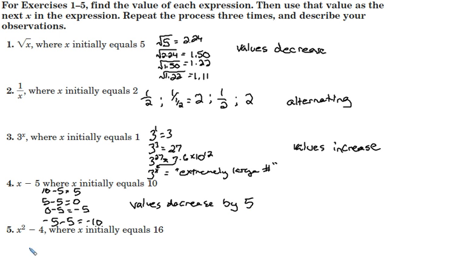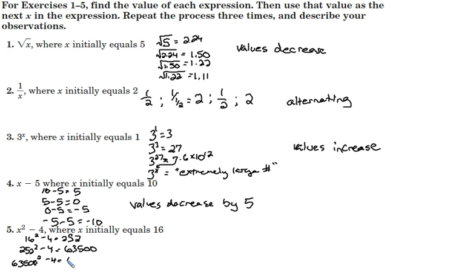Okay, and for the last one here, number 5, x squared minus 4, where x initially equals 16. So we have 16 squared minus 4. That value is 252. Next we do 252 squared minus 4. And that value is 63,500. And then next we have 63,500 squared minus 4.